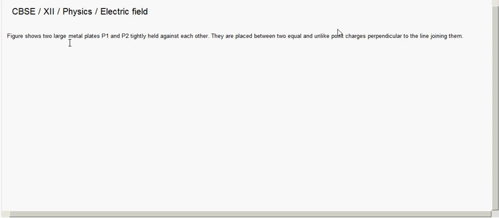Figure shows two large metal plates P1 and P2 tightly held against each other. They are placed between two equal and unlike point charges perpendicular to the line joining them.